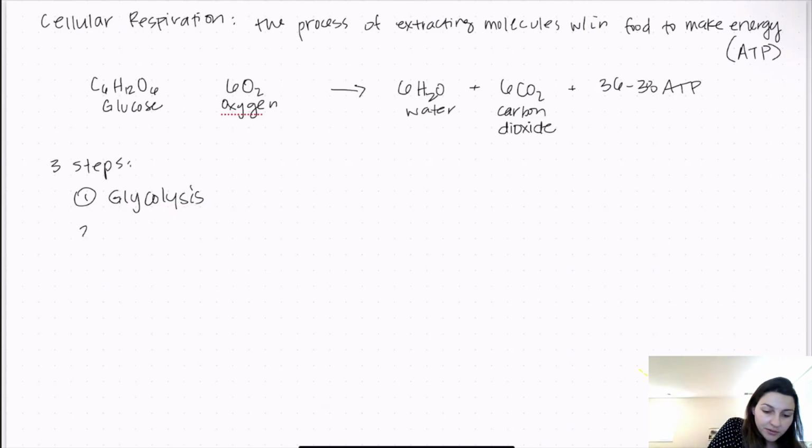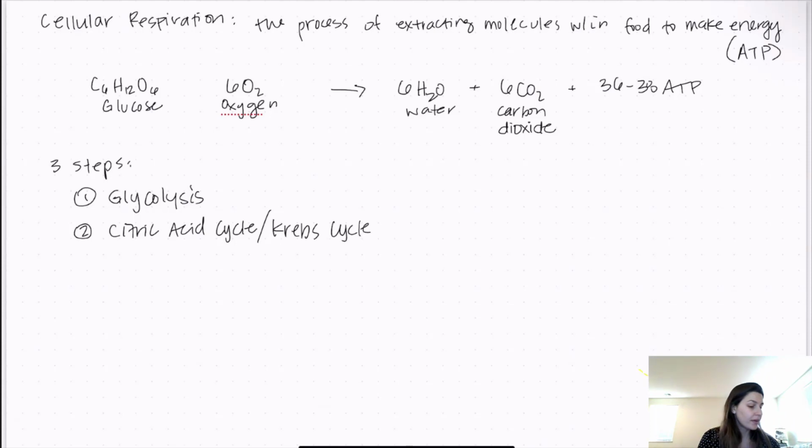Then there's step 2, that's the citric acid cycle, also known as the Krebs cycle, named after some guy Krebs. And then the last step, step 3, is the electron transport chain.